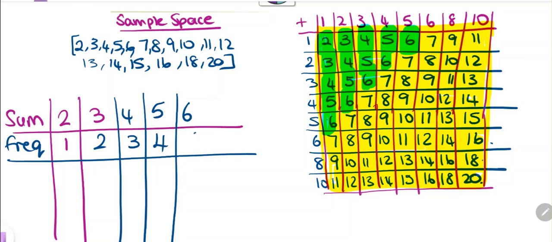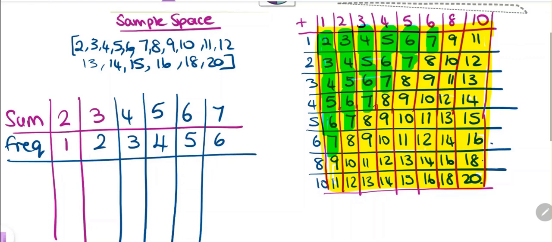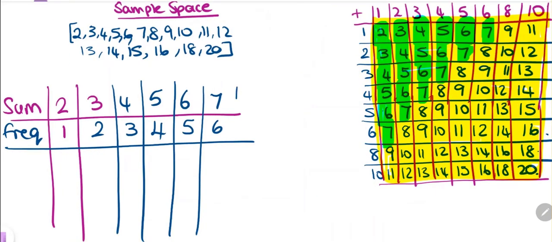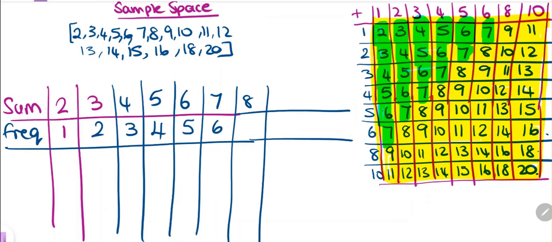To score 7, 1, 2, 3, 4, 5, 6. So I'm going to move this across again. To score 8, we have 1, 2, 3, 4, 5.